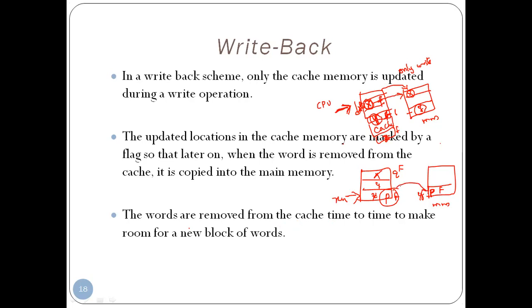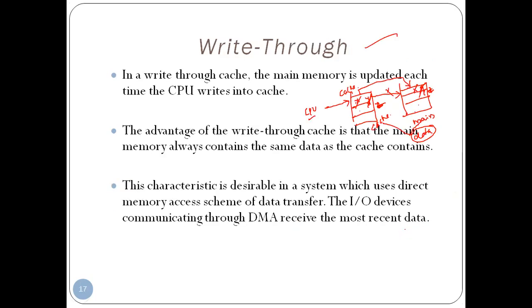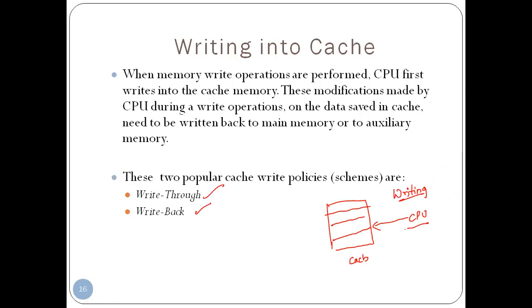The drawback here is that the data in the cache and the data in the main memory are not the same at all times. That is the drawback in the write back policy. So these are the two policies for writing into a cache: write through and write back. Write through means if the cache is updated, automatically the main memory is also updated.